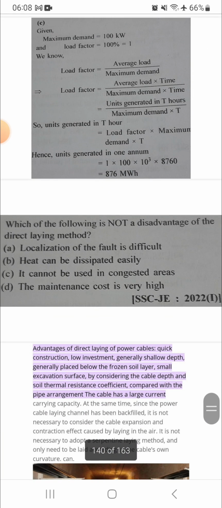Which of the following is not a disadvantage of the direct laying method? Options are: the localization of the fault is difficult; heat can be dissipated easily; it cannot be used in congested areas; the maintenance cost is very high. Advantages of direct laying of power cables are quick construction, low investment, and generally shallow depth.